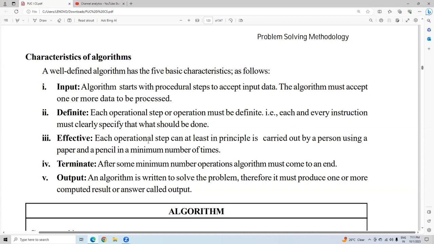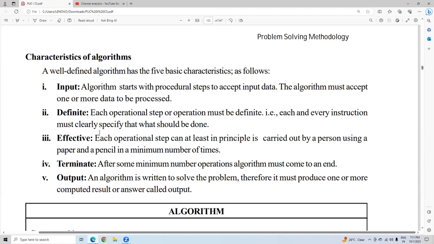And effective means what? Whenever we are solving a problem, there will be multiple solutions, right? In that, you have to select the effective solution through which, if we carry out the calculation, it should take less memory, right? And terminate means what?